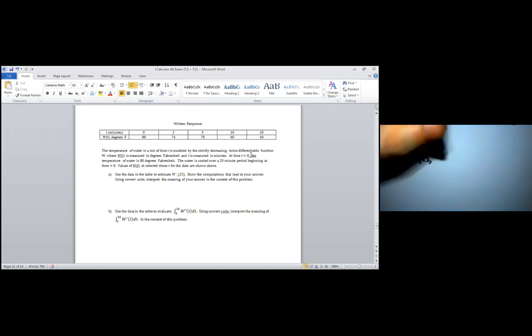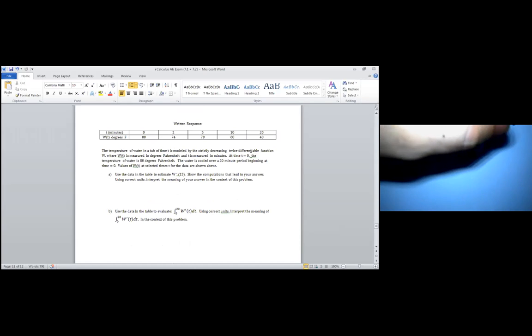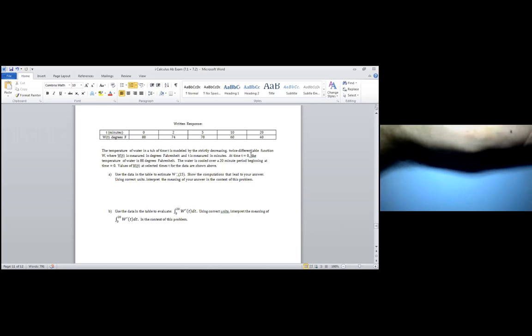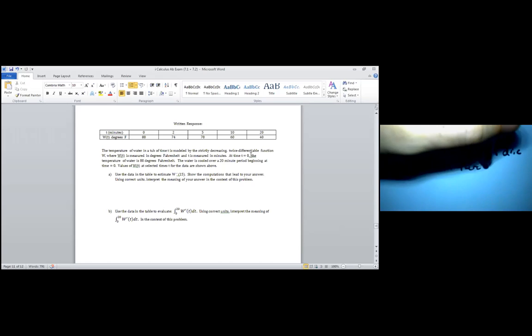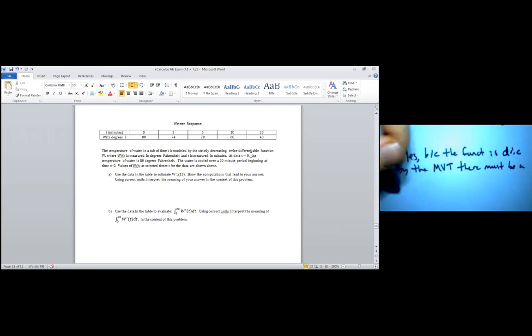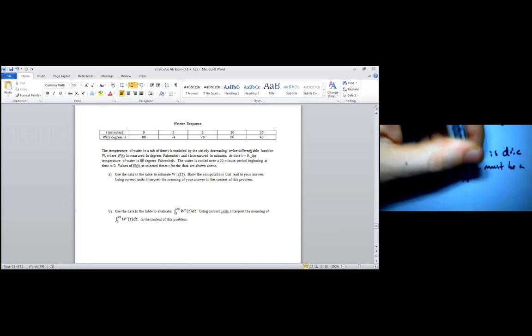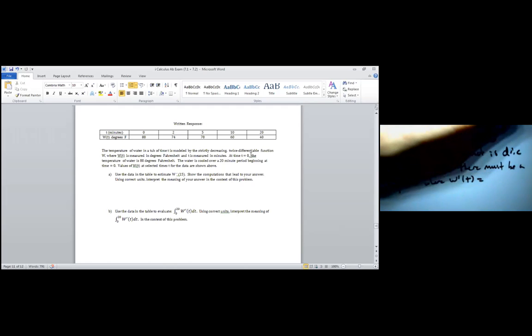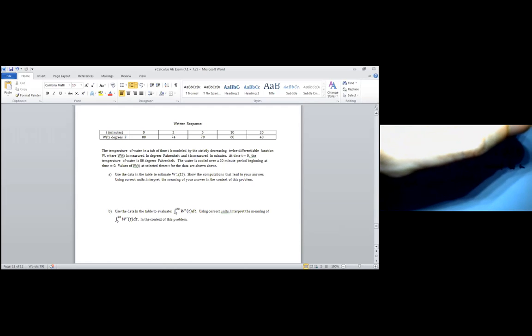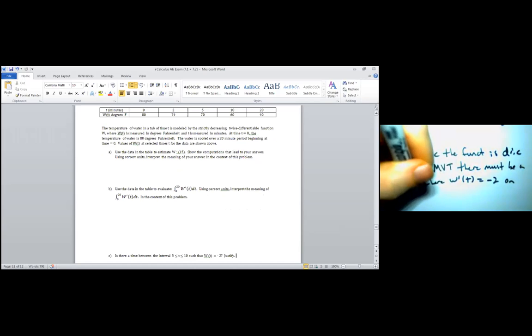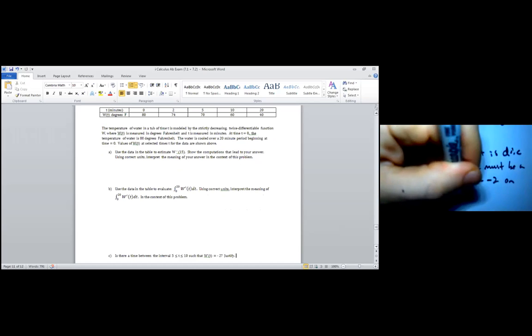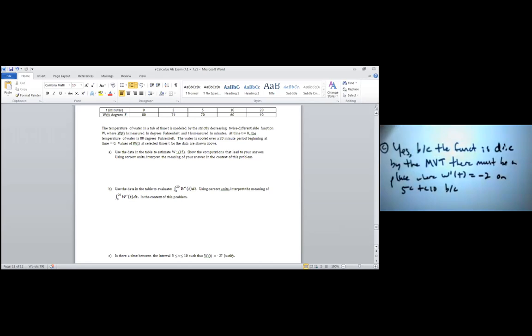Yes. Because the function is differentiable and therefore continuous, by the mean value theorem, there must be a place or a time where W prime of t equals, would they ask for -2? -2 on 5 to 10, because, and then my because is going to be we're showing the slope.